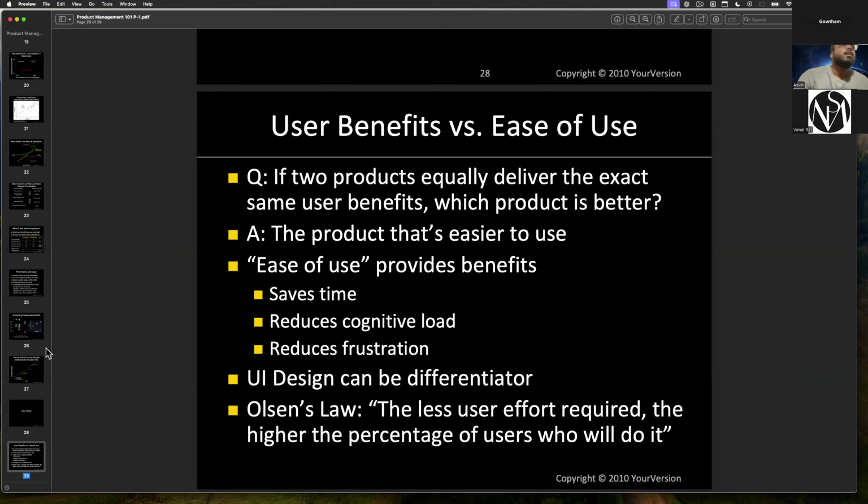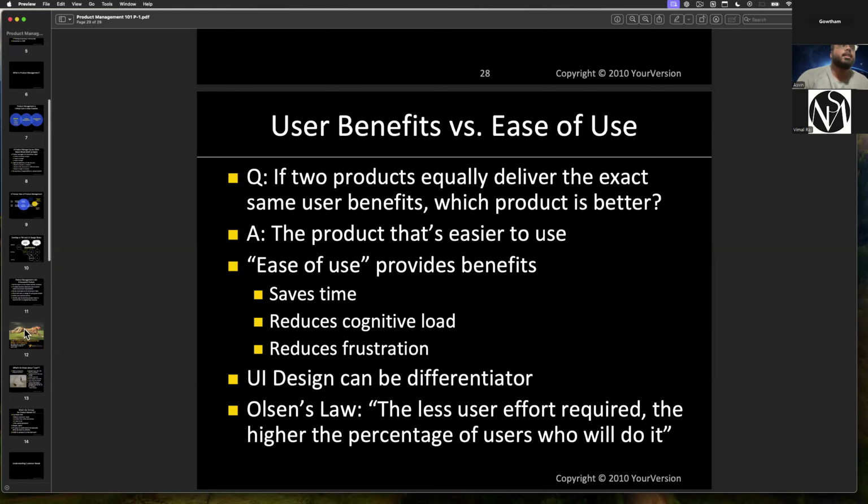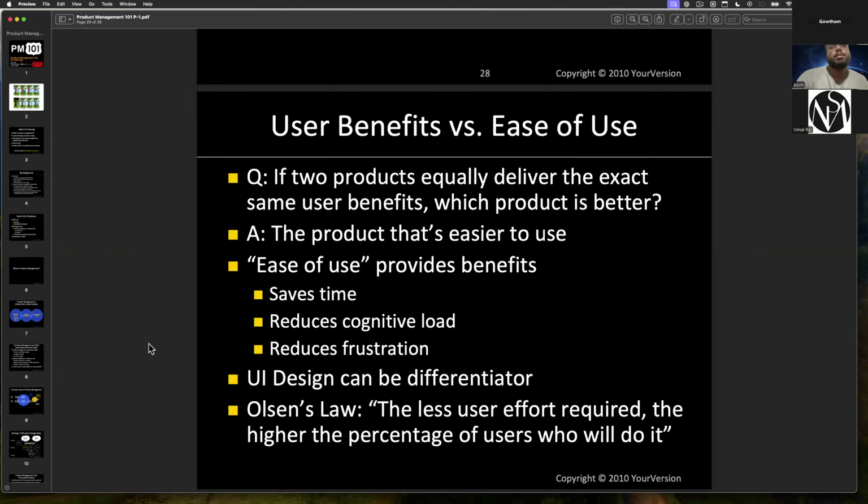That's it. Actually, it was not ending here. There are some metrics and stuff there. I thought that was not required for us right now. Maybe in future I will have a separate section on product analytics. All right, guys, that's it.